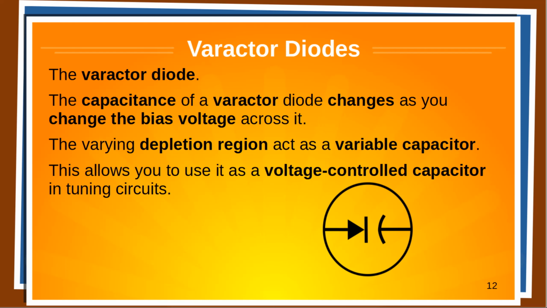By varying the reverse bias on it, you can control the width of the depletion region, which is essentially making a capacitor between the two terminals of the diode. And I think that's basically the only thing used nowadays as a voltage controlled tuning circuit.